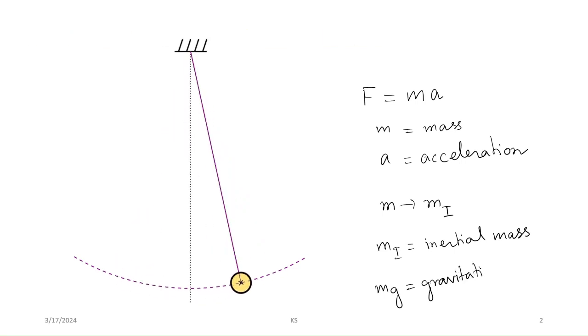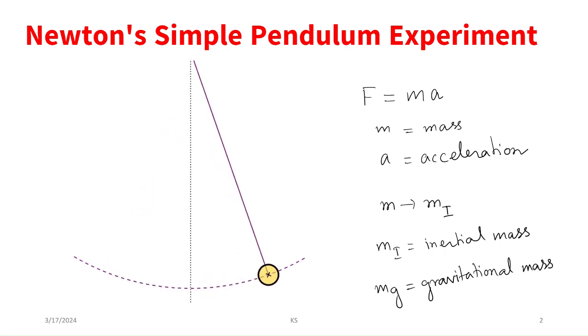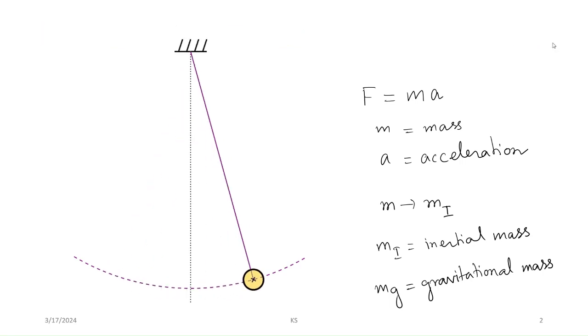Here we are going to look at Newton's simple pendulum experiment, how they are equivalent, and we have got the formula for time period.